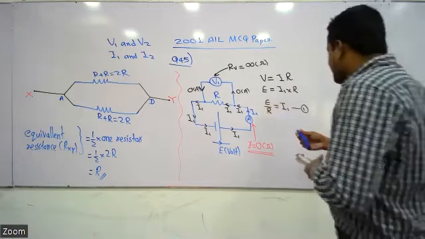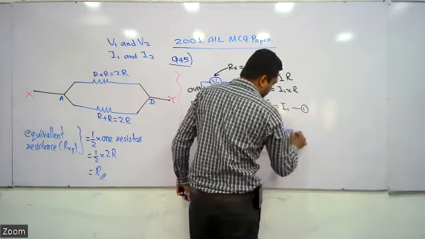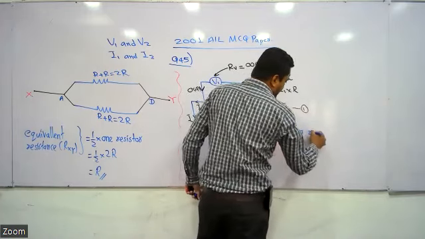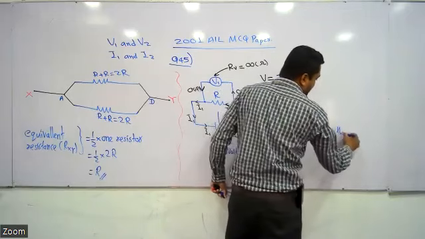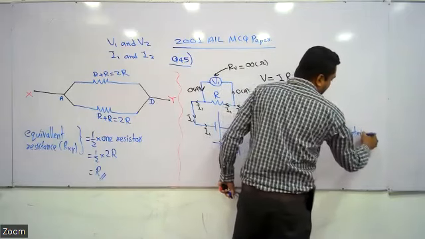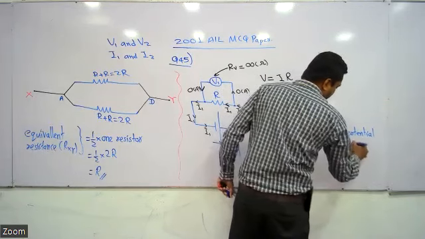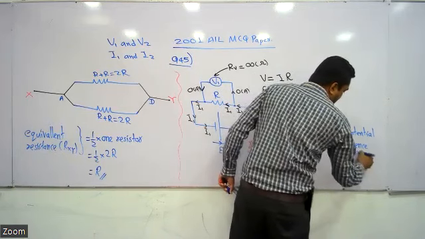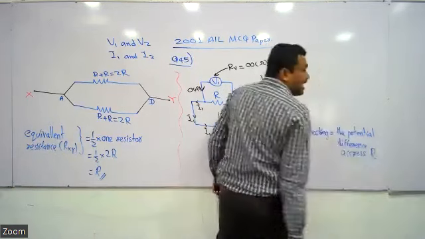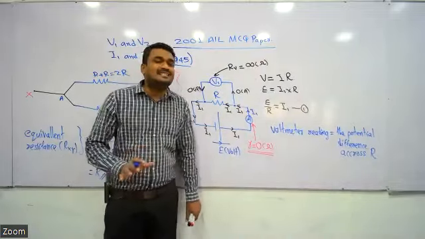Right. Then what is the voltmeter reading here? Voltmeter reading is the potential difference across capital R resistance. I know this is an MCQ, but I am not doing an exam here.